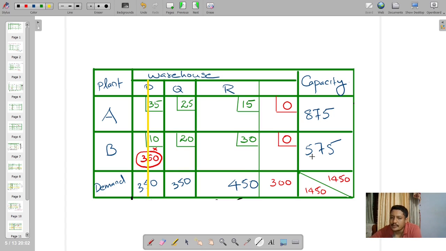Instead of 575, we now have 225. So we can calculate the new row difference and column difference.